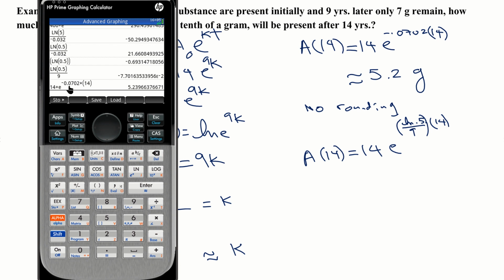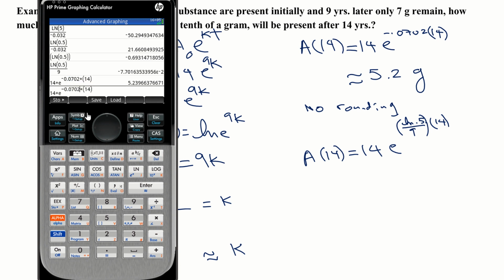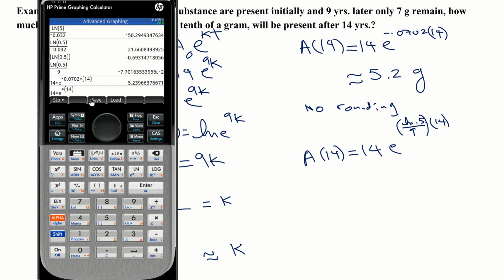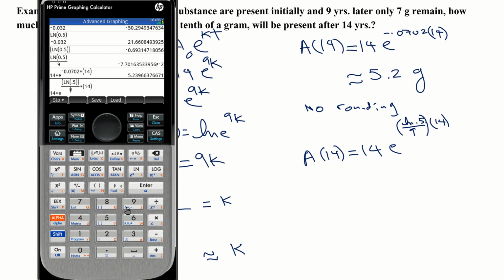We are still going to use this formula, but we're going to replace that negative 0.0702 with what it is exactly, which, remember, we got from dividing ln of 0.5 by 9. So we're just going to type ln of 0.5 over 9, okay?